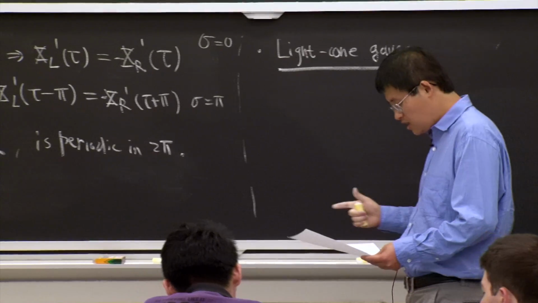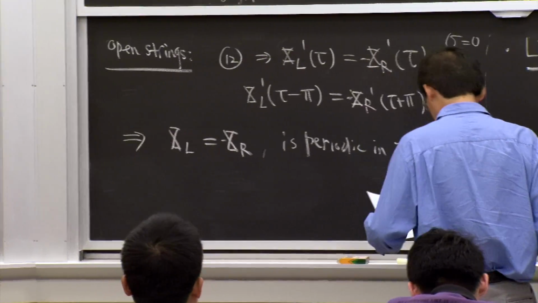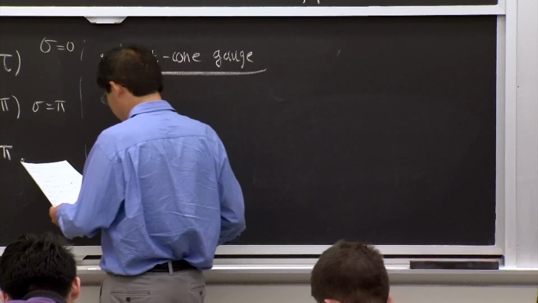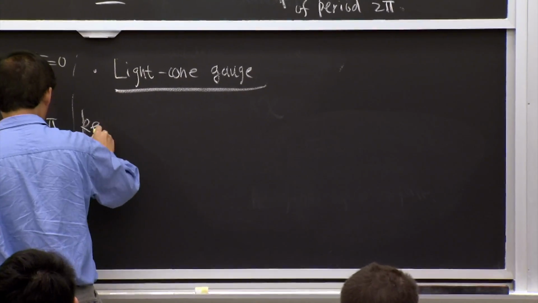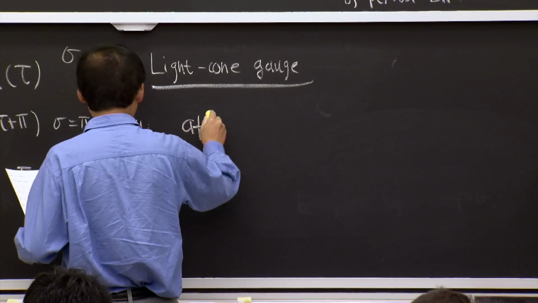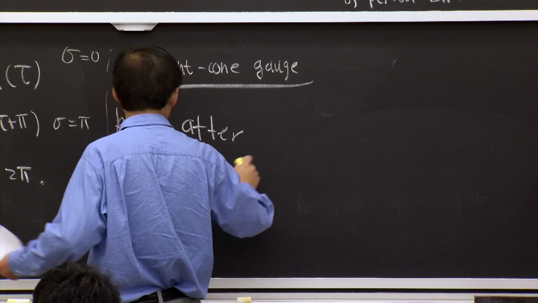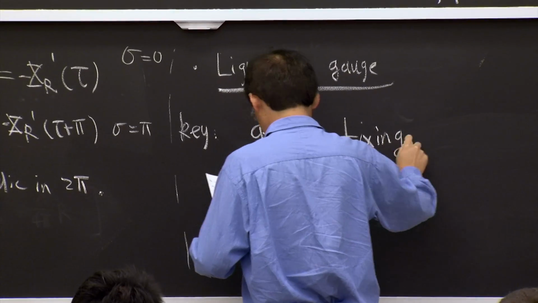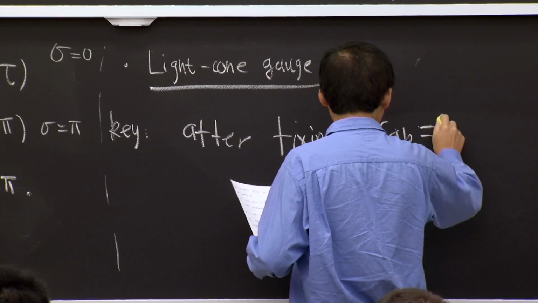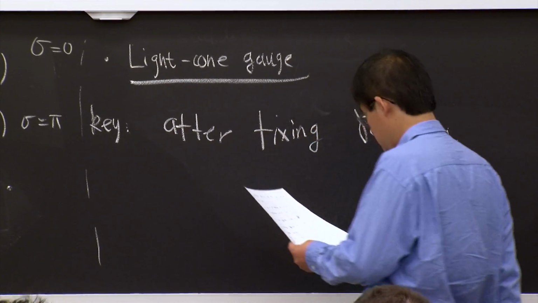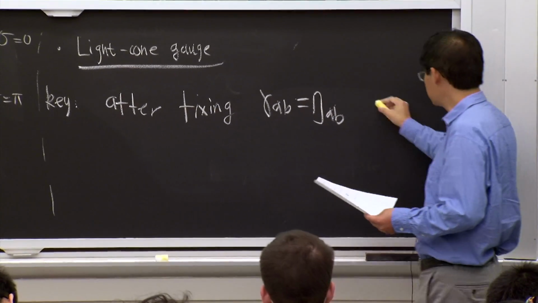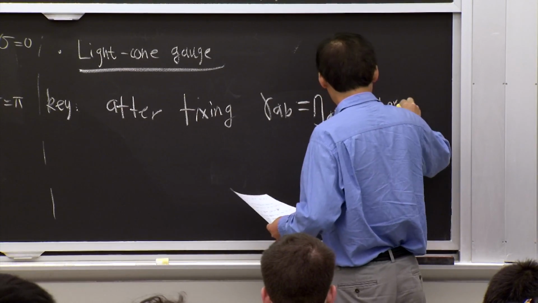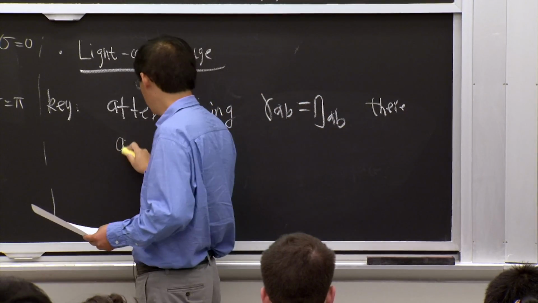So the key idea is the following. After fixing this gauge, gamma_AB equal to eta_AB, there is actually still some residual gauge freedom. You have not fixed everything.